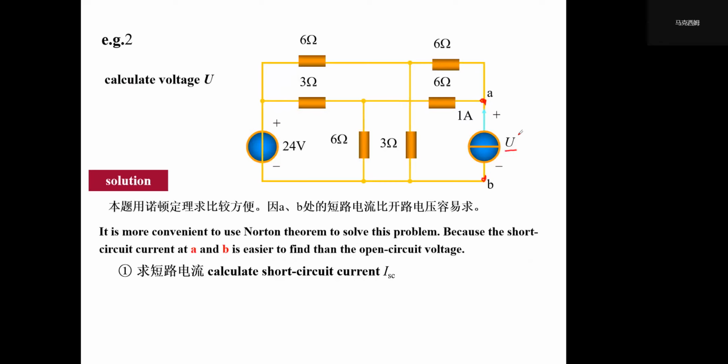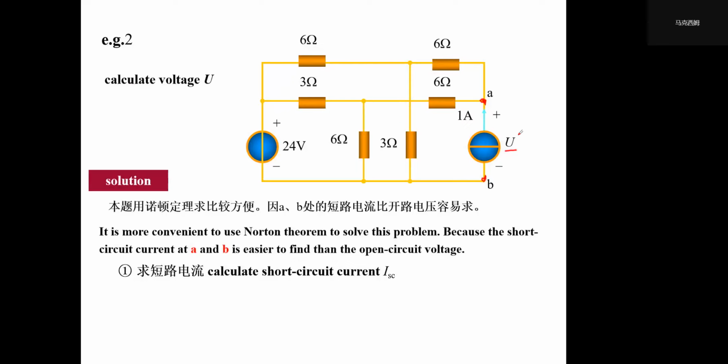So we would like to apply Thevenin's theorem. We would also use the Norton theorem here because it's easy to calculate the short circuit current in branch AB, and then calculate the corresponding open circuit voltage.